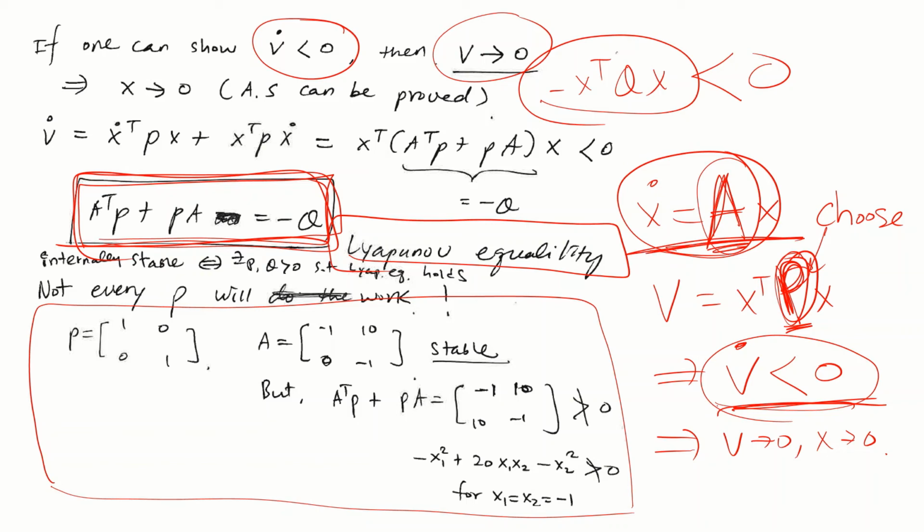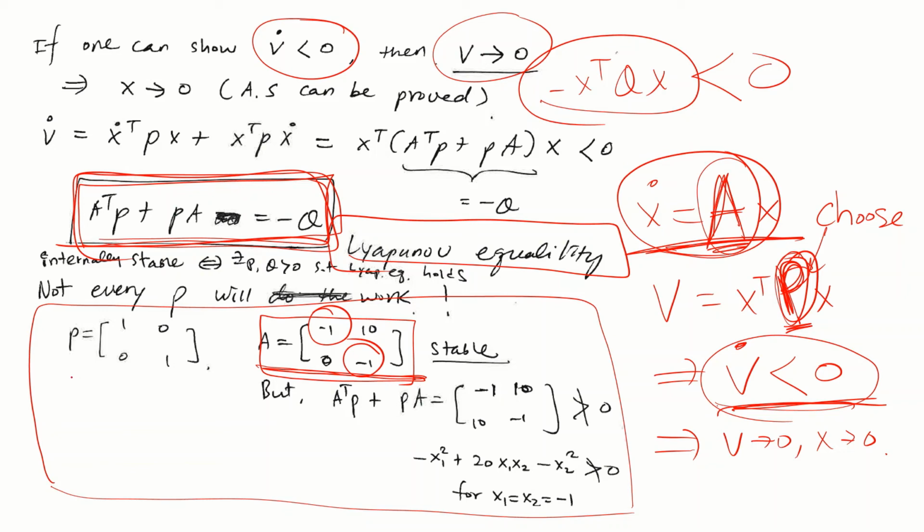So suppose A is given like this. This is asymptotically stable because all the eigenvalues are in LHP. In fact, these are the eigenvalues, so it's stable.